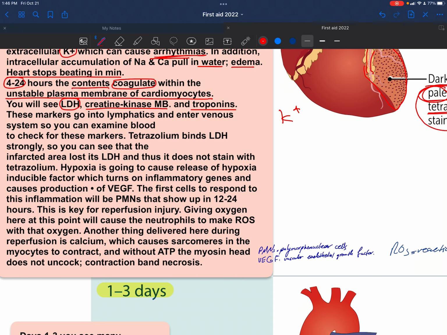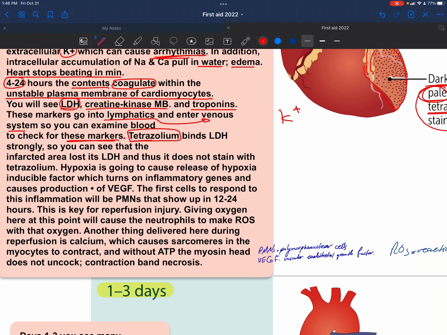These markers, because now the myocyte is dissolving and a lot of changes are happening, are secreted into the lymphatic system, and then they enter the venous system. That's how we can examine the blood and check for these markers and know if this patient started to have a myocardial infarction or not.